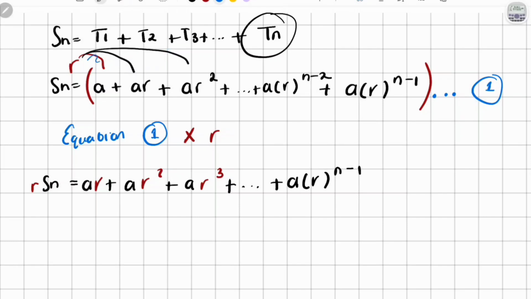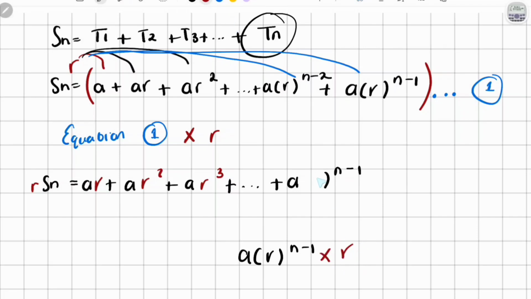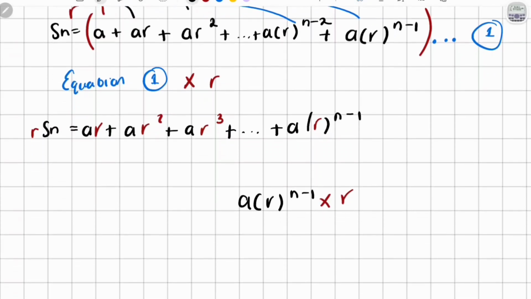Then lastly, we have to multiply r times that last term. Same thing is going to happen. You have an a times r raised to the power of n minus 1 being multiplied by r. Since it gets multiplied by r, there's an invisible 1 here, and that 1 gets added.